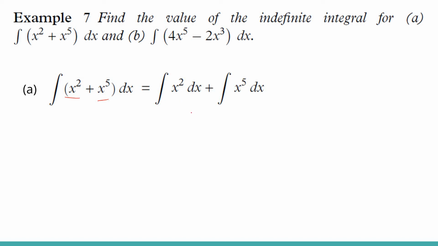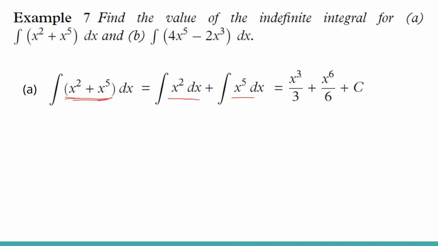So this will become, from the given, x squared has its own integral sign, and x raised to the power of 5 has its own integral sign. So there are two integrands, the x squared and the x raised to the power of 5. So the answer would be x raised to the power of 3 divided by 3 plus x raised to the power of 6 divided by 6 plus c.